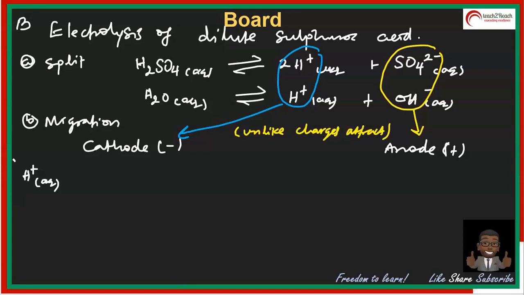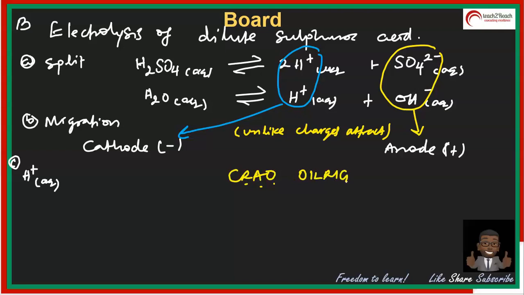So now, what happens to hydrogen ion at the cathode? Remember the crow. Crow tells us that cathode is reduction, anode is oxidation. Cathode is reduction. Reduction is the gain of electrons, oil rig.